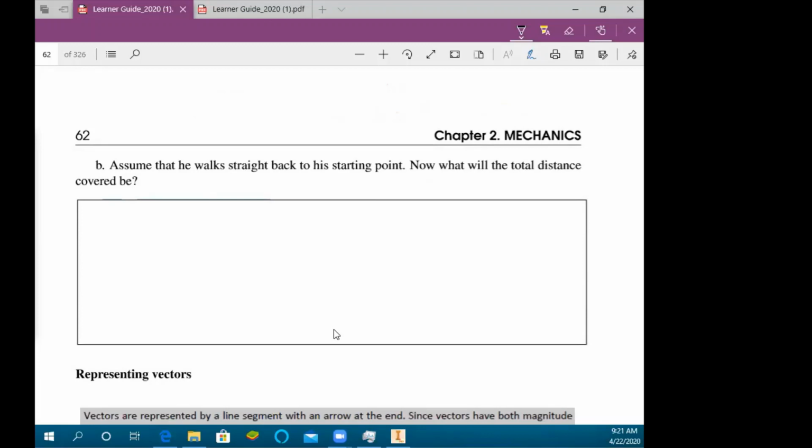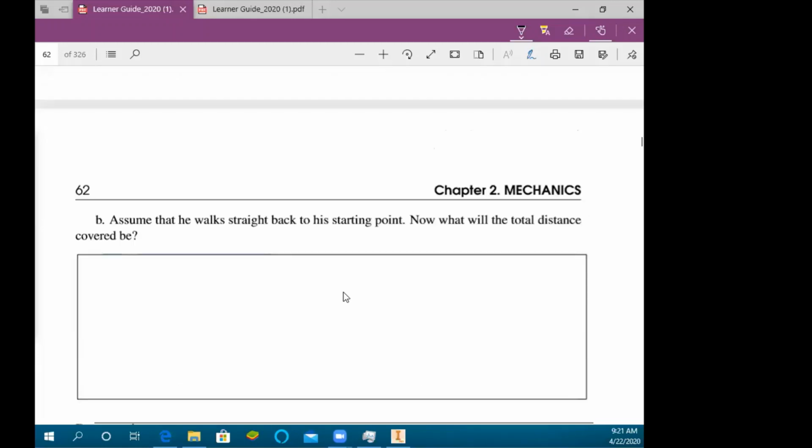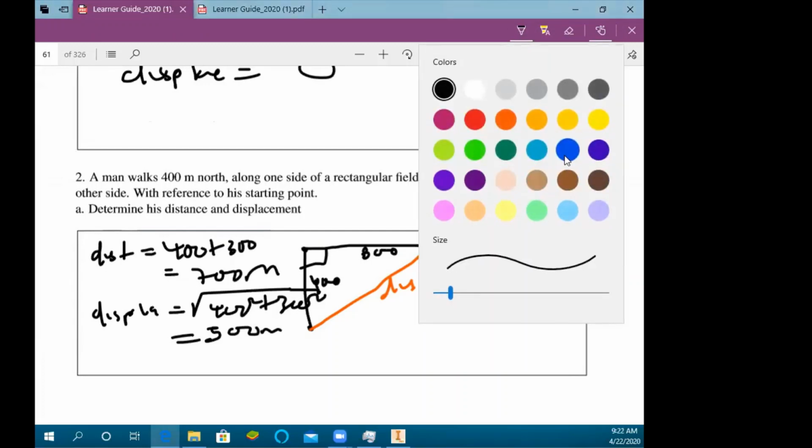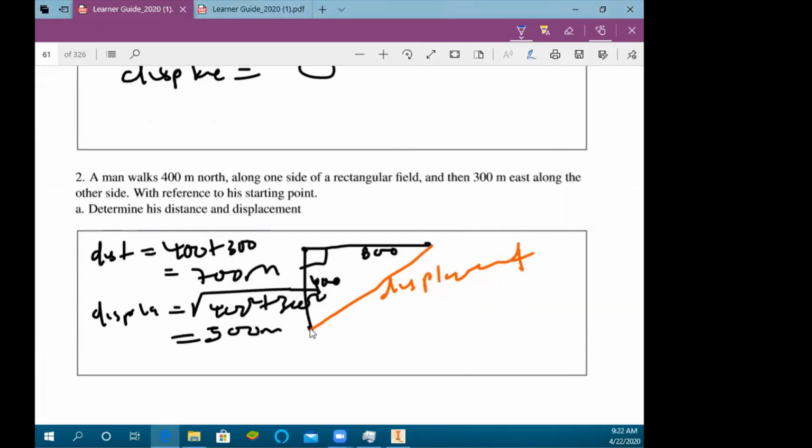Okay, right. Assume that you walk straight back to his starting point. Now, what will the total distance covered be, right? So now you see what is happening here. This guy, let me just use another color, blue, right? So this guy traveled this path, and now they're saying that he walks back.